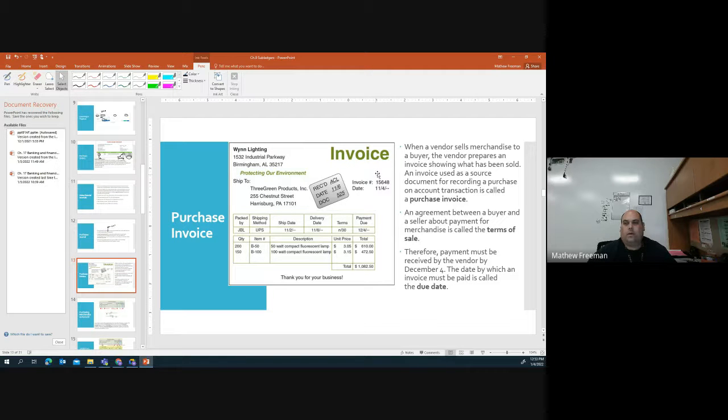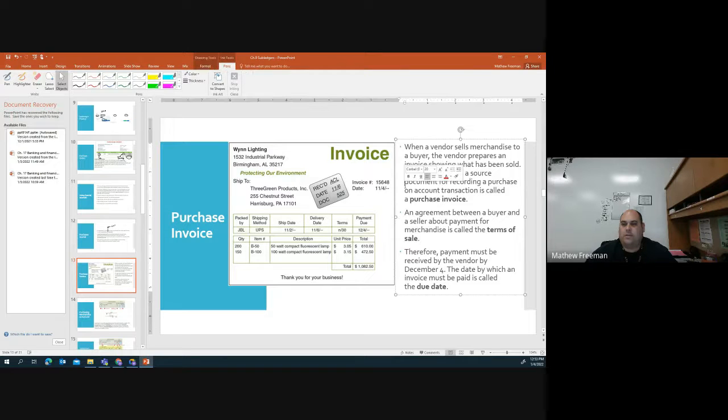So when a vendor sells merchandise to a buyer, the vendor prepares an invoice showing what has been sold. Okay, so this is received, the date, and document. An invoice used as a source document for recording a purchase on account transaction is a purchase invoice.